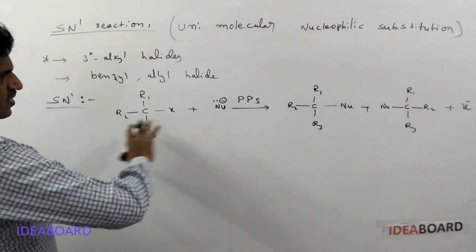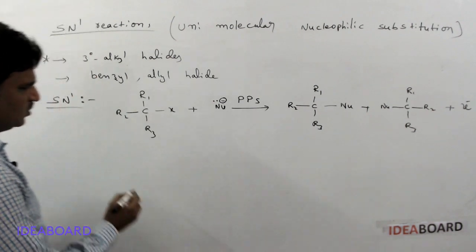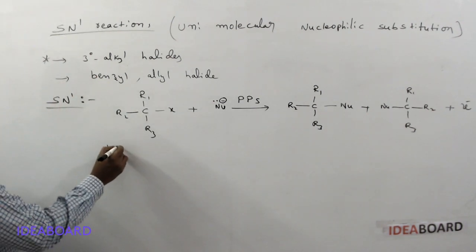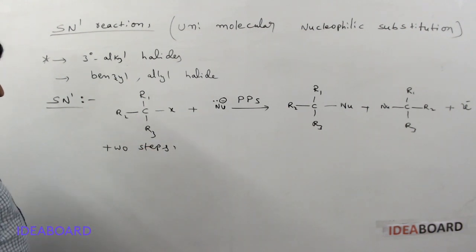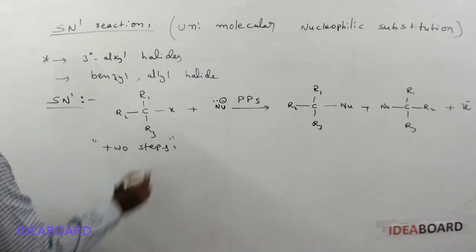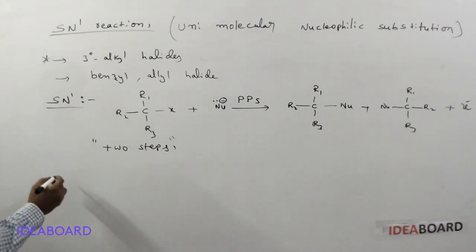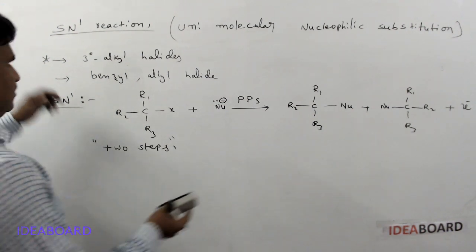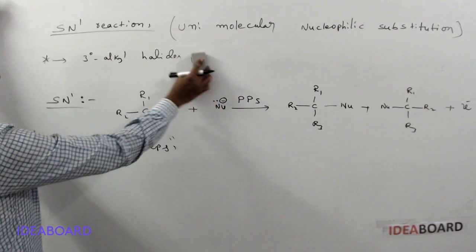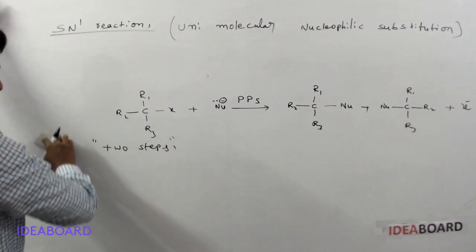So I wrote the complete reaction, but this reaction occurs mainly in two steps. SN1 reaction mainly occurs in two steps. So what are the two steps? Suppose you are taking the first step, here I will write the SN1 reaction first step.